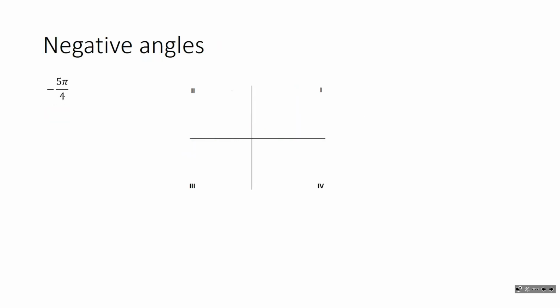Let's do one more example, this time with a negative angle. Now again, over here, this is pi. We're looking at fourths in this case, so that's 4/4 pi. And we're going in the negative direction. So let's break up a half a circle into fourths.